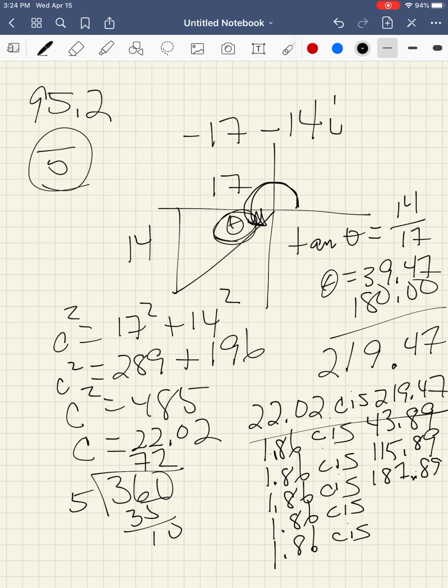Add 72 again, we get 259.89. And finally add 72 again and we get 331.89. All right, so there are the 5 fifth roots of minus 17 minus 14i. Same concept as we did before, it's just that they're not exact numbers. We have to use the calculator to get the approximation for it. All right, thank you.